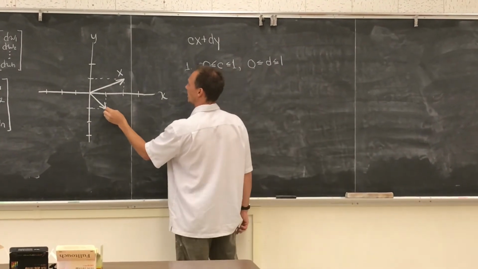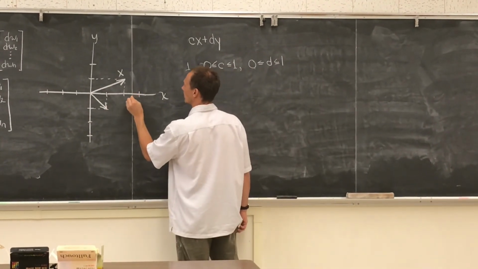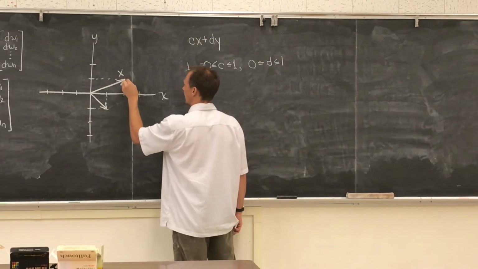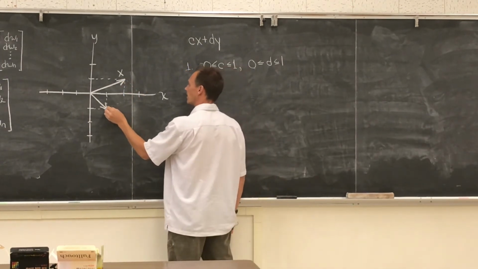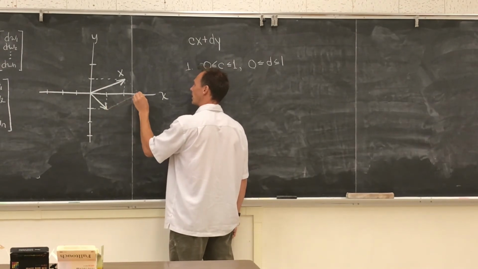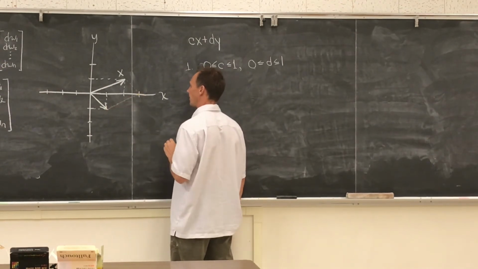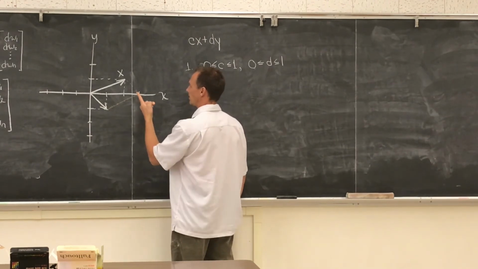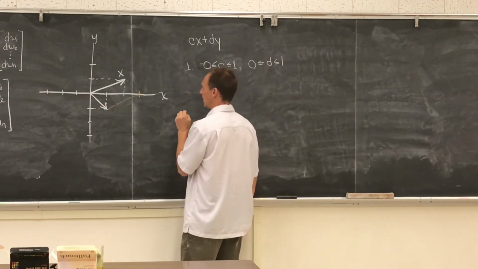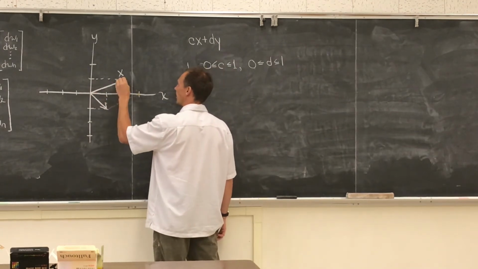If c and d are 1, we've already seen this problem. These added to the vector 3, 0. And so I get this parallelogram and I pick up this point right here. Well, what happens now if I leave d as 1 and I make c a little shorter, or less than 1?